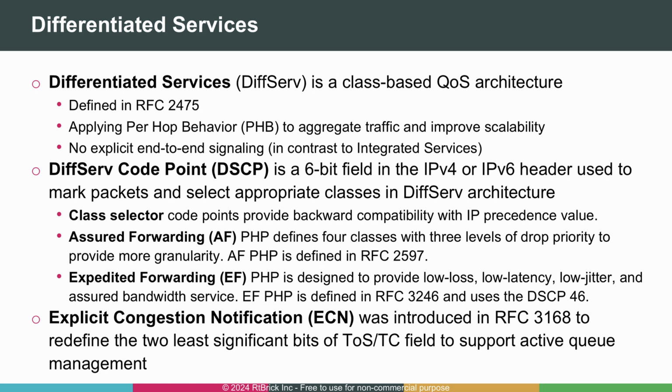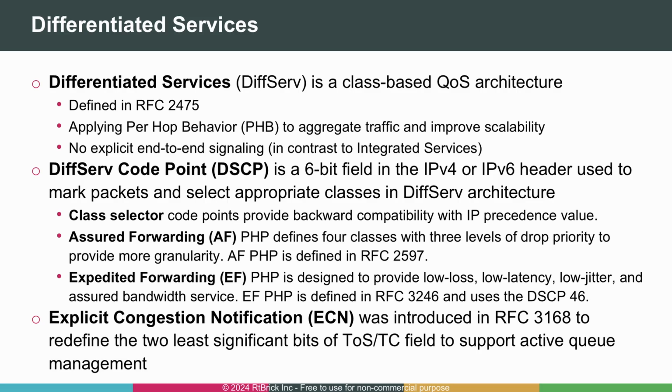Several service definitions exist for the DSCP field. For example, the class selector uses only the 3 most significant bits, providing backward compatibility with IP precedence values. In addition, assured forwarding and expedited forwarding were defined. Assured forwarding includes 4 classes, AF1 to AF4, and 3 levels of drop priority for congestion management.